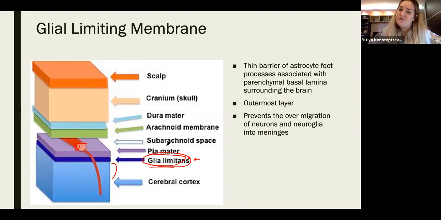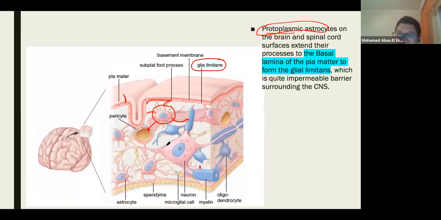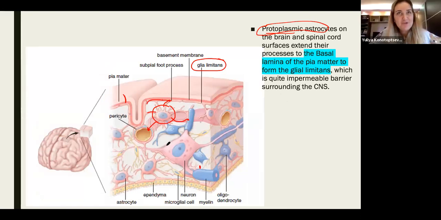So what is the job of the glia limitans? What do you think? What does it do? Divide into two? No, it doesn't divide into two. I know that you heard external, internal, but it's different things. It doesn't divide. What is the job of the glia limitans?